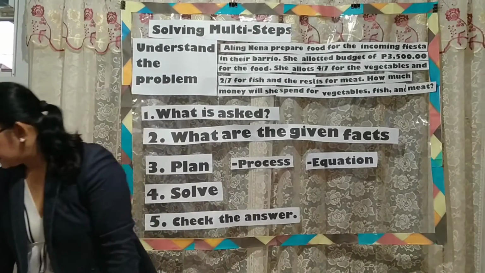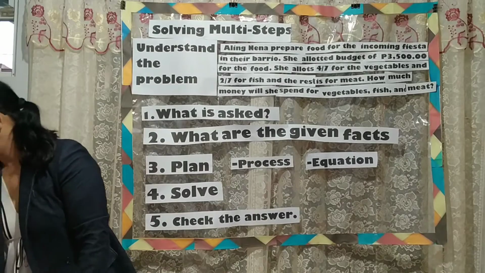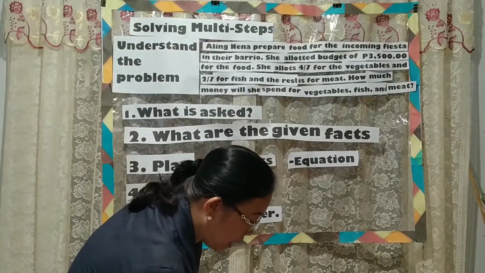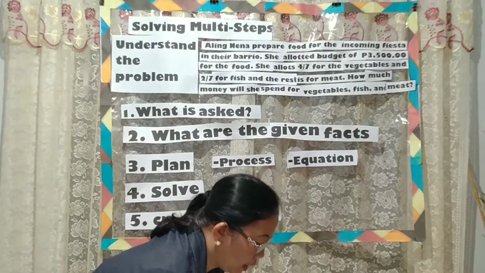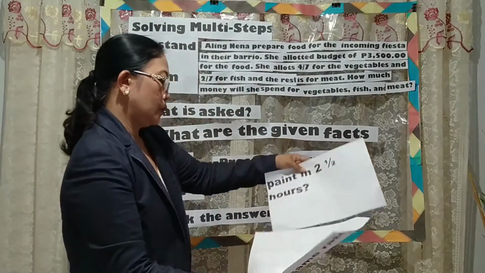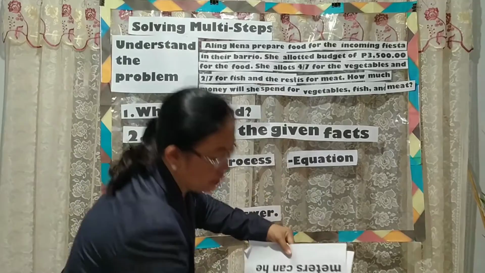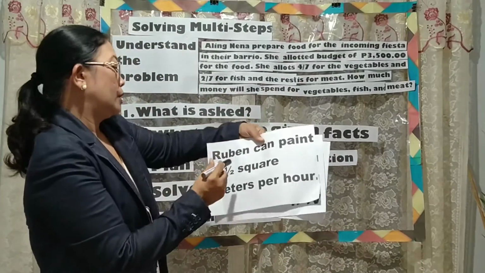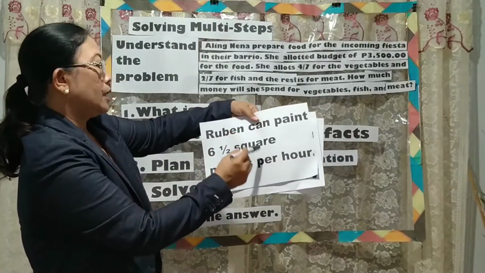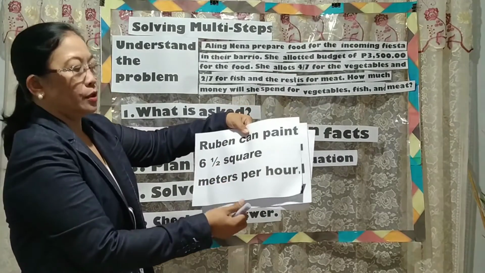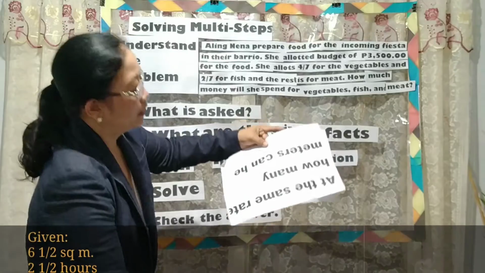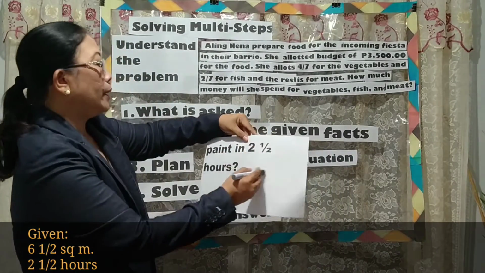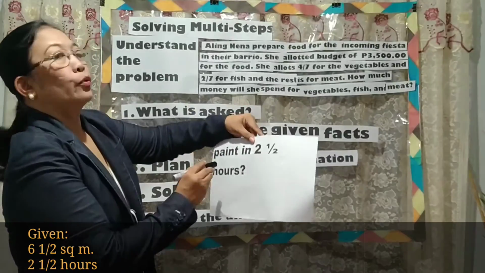For the given, ang given natin dito ay yung mga numbers sa problem. So what are those? So meron tayo ditong 6 1/2 square meters per hour at yung 2 1/2 hours.